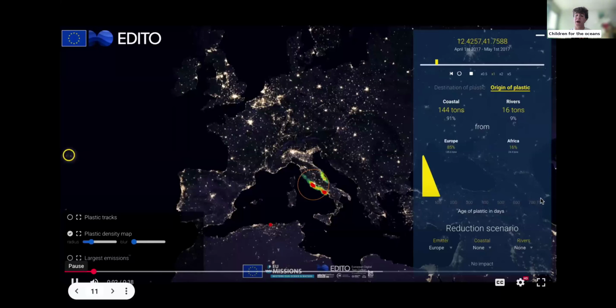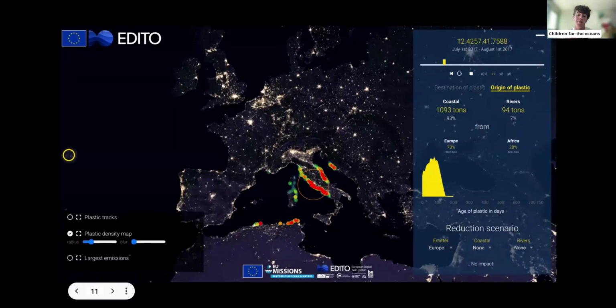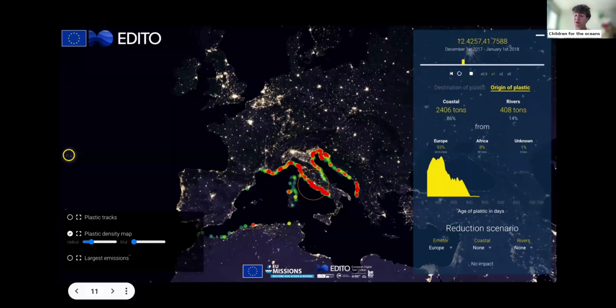But we also learned that 20% of plastic comes from the rivers. And so when we say, oh my God, I live 200 kilometers from the ocean, I have no impact on the ocean, well, in fact, you do, because with rivers, with water points, it is all connected.